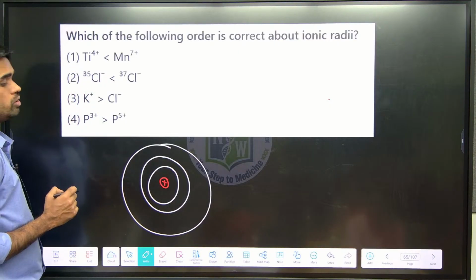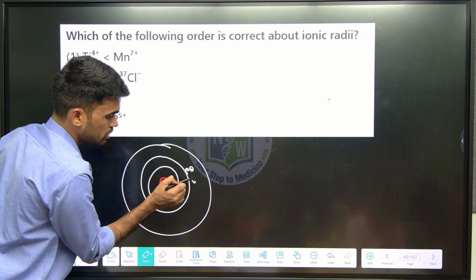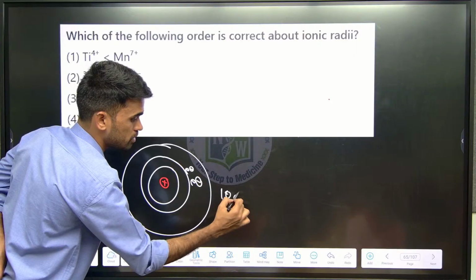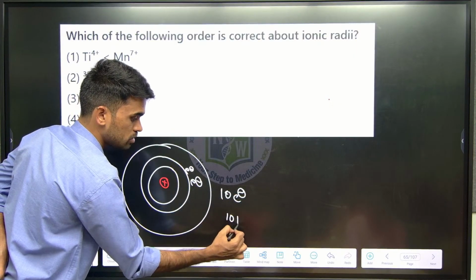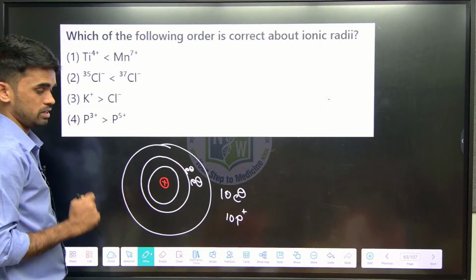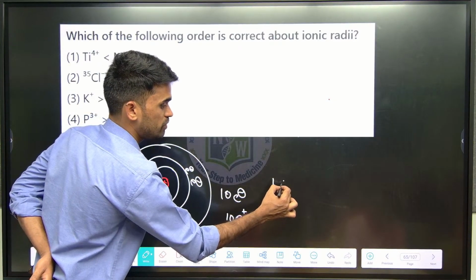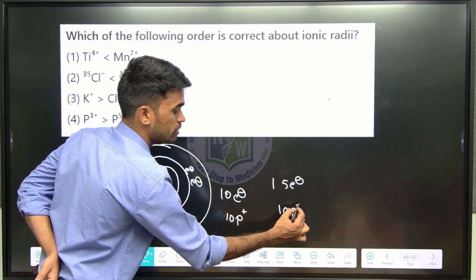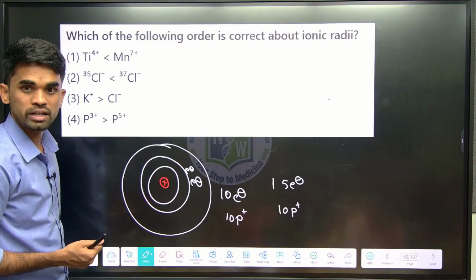So now let us say some 10 electrons are there, and 10 protons are there. Now positive charges and negative charges are equal now? Yes. Now if a greater number of electrons are there, like 15 electrons, let us say, and only 10 protons. Now tell me what is the scenario? 5 electrons are more now. Who is dominating now?